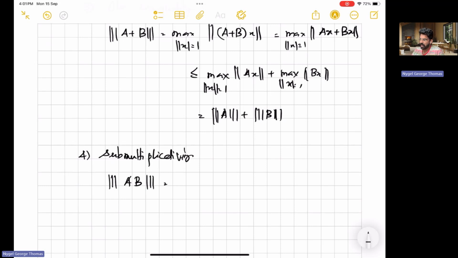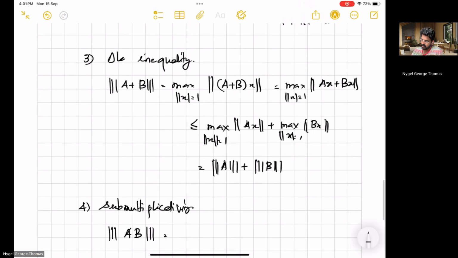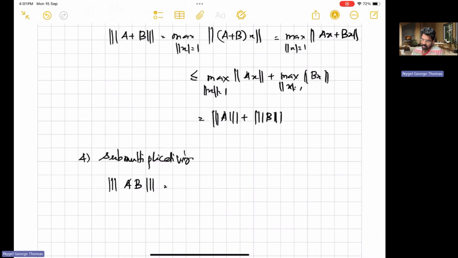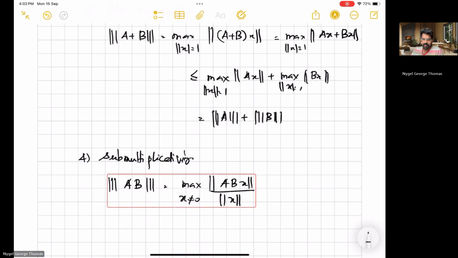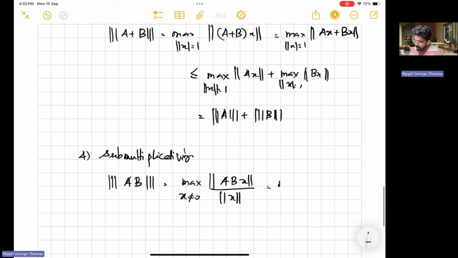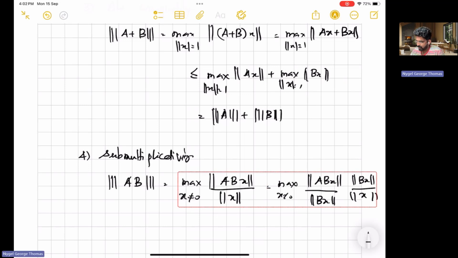Here we use the definition with X divided by the norm of X. So this is the max over X not equal to 0 of the norm of ABX divided by the norm of X. For this, we can multiply and divide by the norm of BX: the norm of ABX over the norm of BX, times the norm of BX over the norm of X, where BX is not equal to 0.